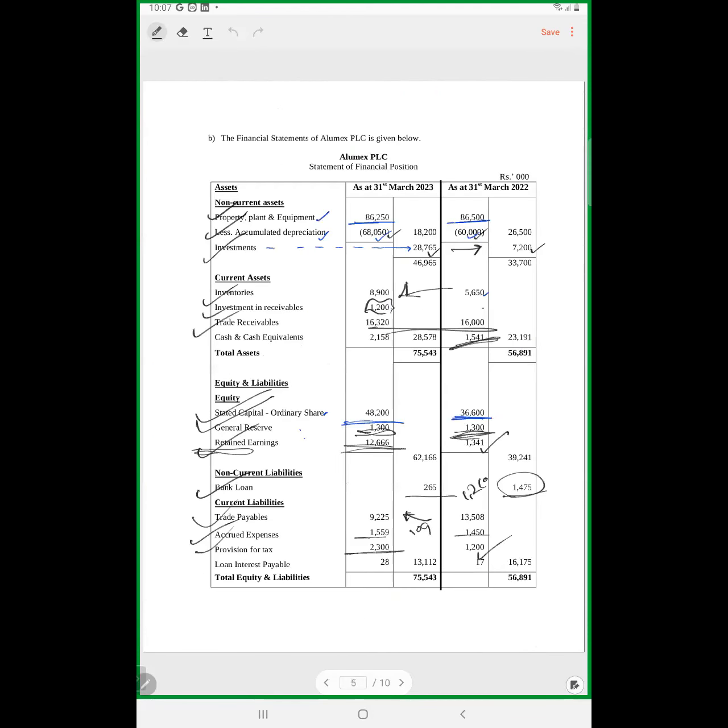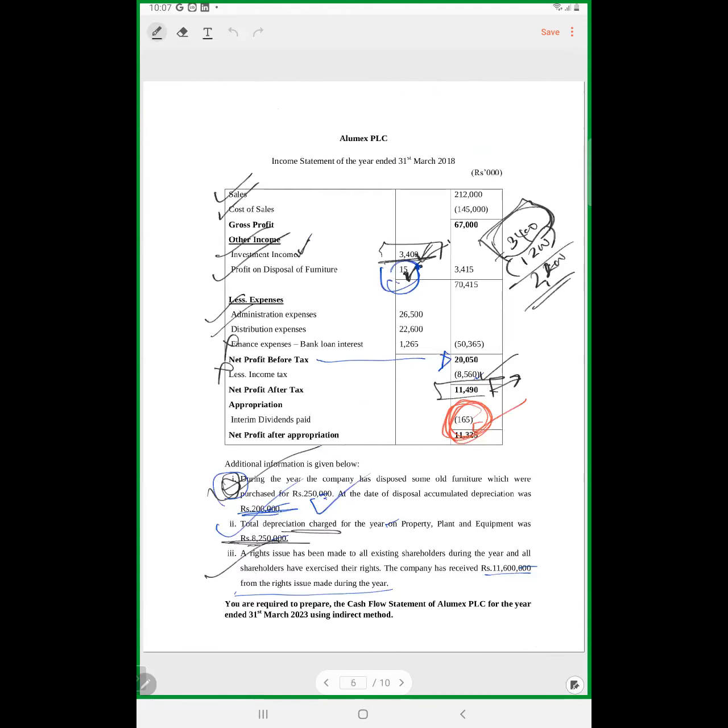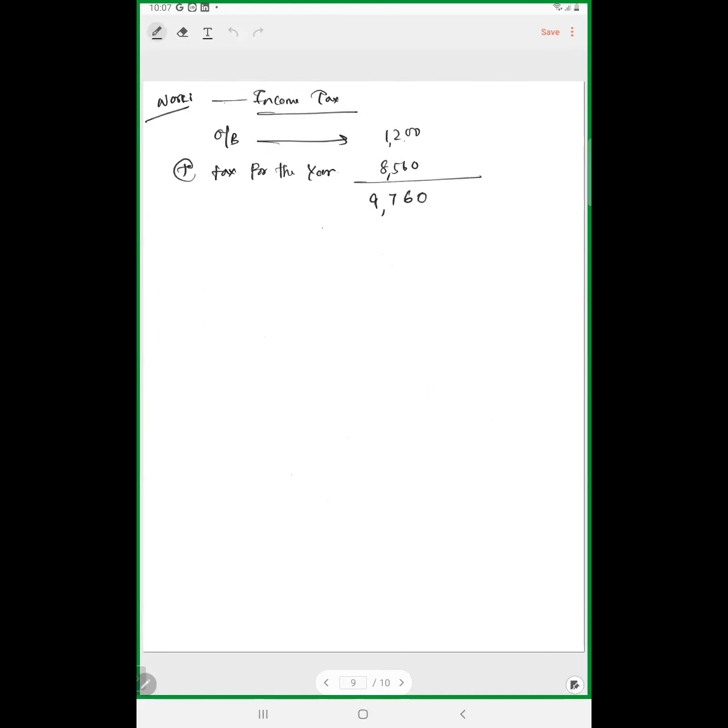Closing balance how much? 2,300. It means we have paid how much? 7,460.